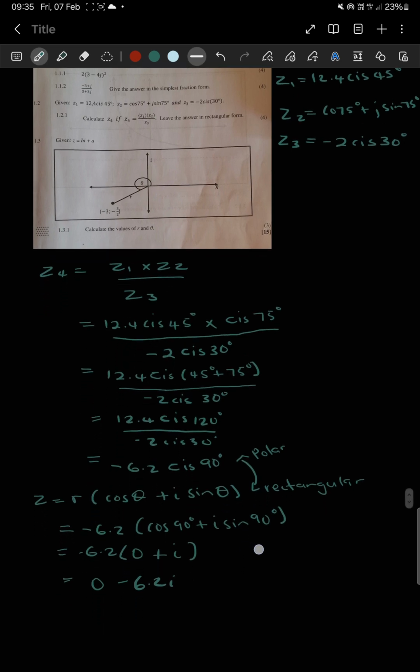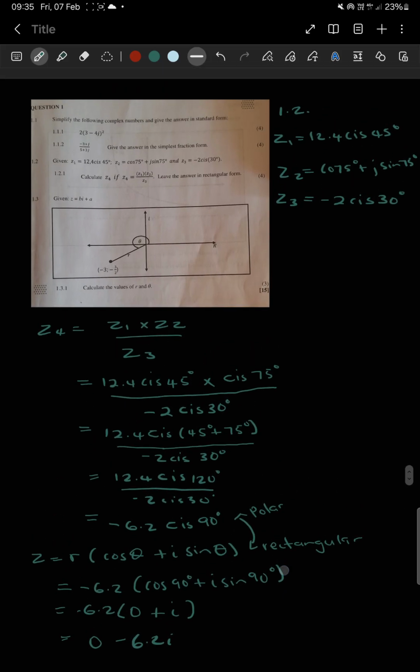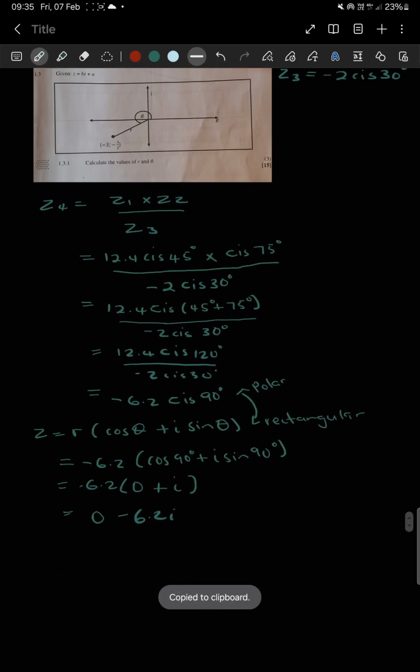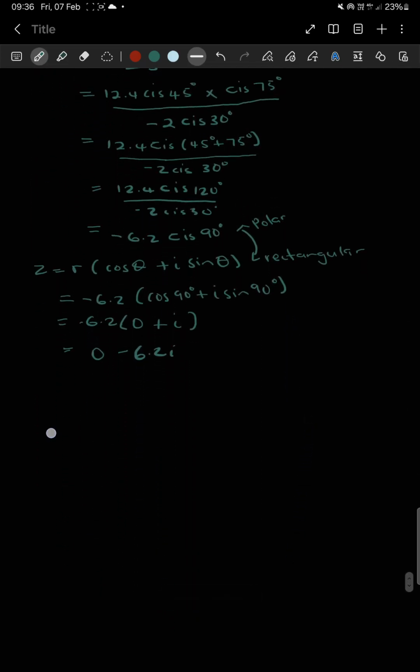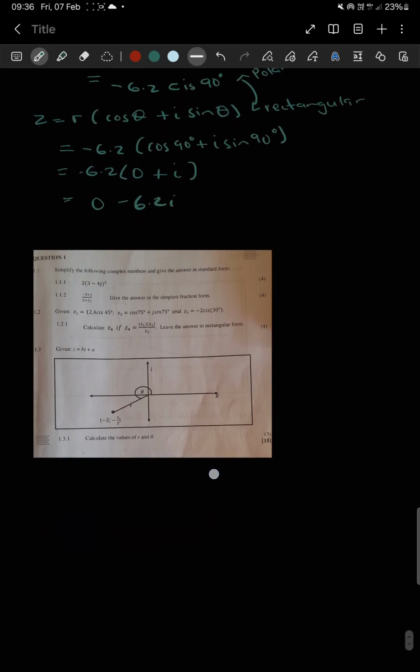Awesome. I have to bring my image down so you can see what we are doing properly. All right, there's my image. So what's the question saying?